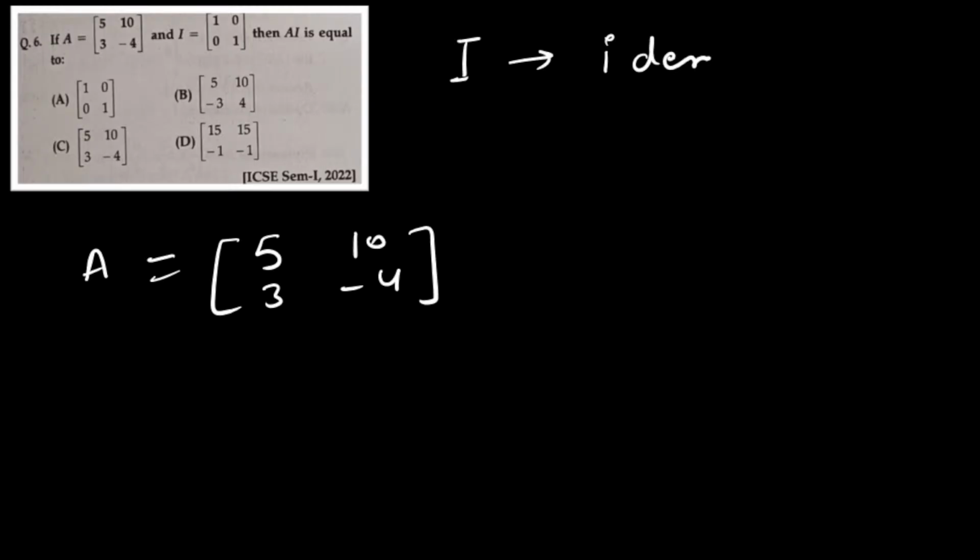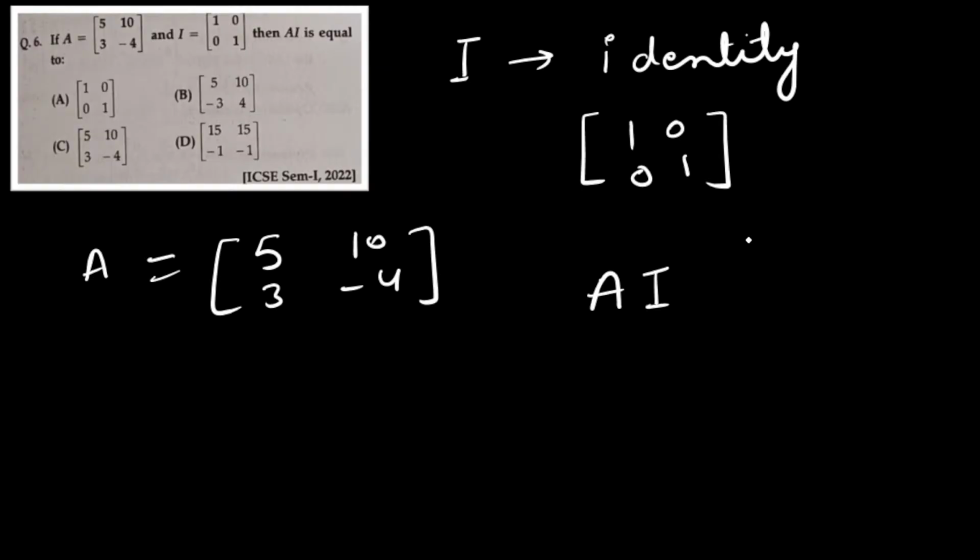A matrix is given to us. Then I is the identity matrix. Capital I, when we write, is the identity matrix. Identity matrix of order 2 we write like this. It's given also. They are asking what is the answer of AI. AI means A into I. See, the identity is like 1. If you multiply anything with 1, your answer is always the same number in case of real numbers.